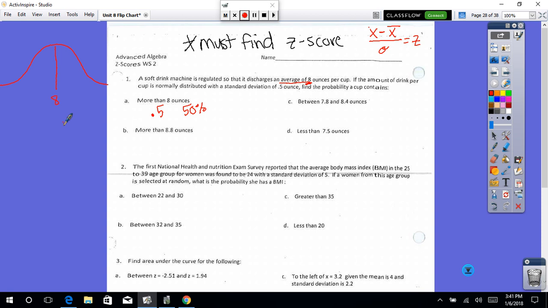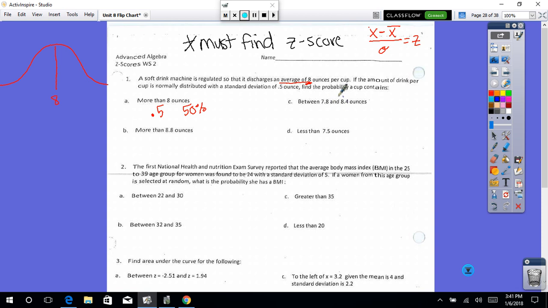That is your average, your number in the middle. It will give you a z-score of 0, so when you put it in your calculator, it's going to give you 50 and take way more time than necessary.